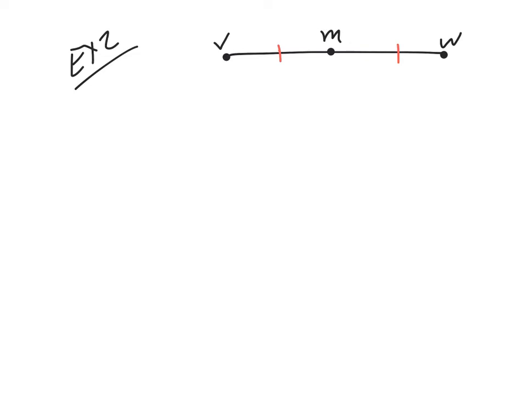Well, they tell you VM equals 4x minus 1, and MW equals 3x plus 3. So, again, what do we know about these two segments? This segment compared to this segment, what do we know about those two? They're equal.